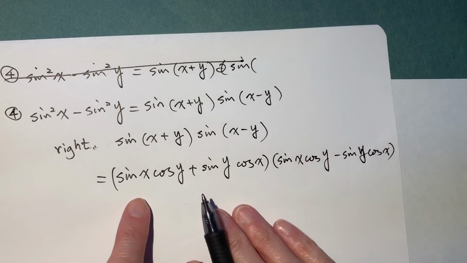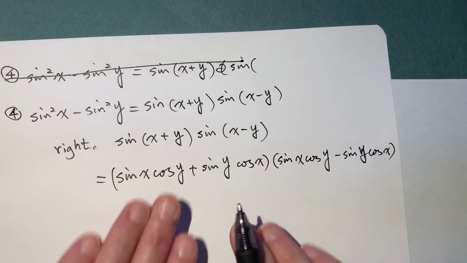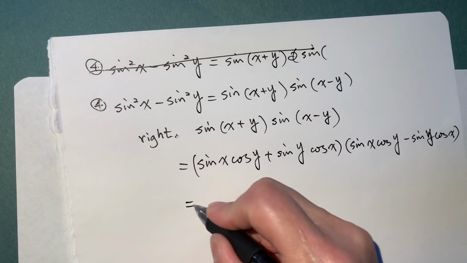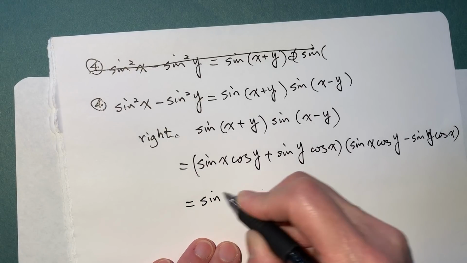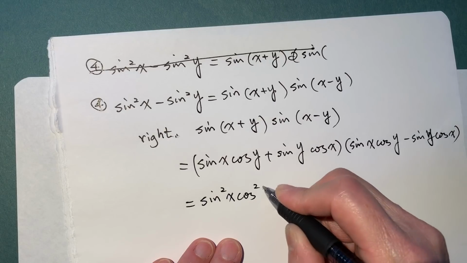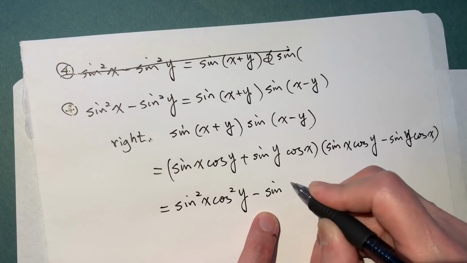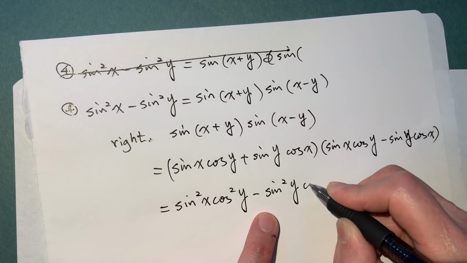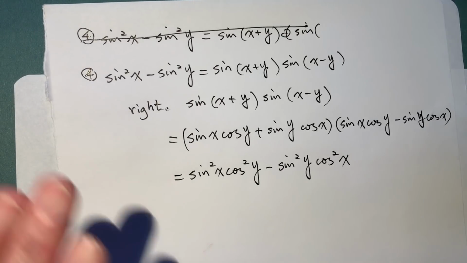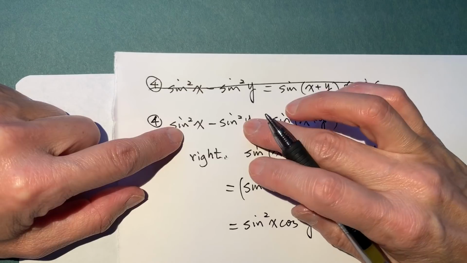Ooh, that looks something similar. So this one is a plus 1, a minus 1. So it becomes sine square x cosine square y minus sine square y cosine square x. Up to now, what we are seeing, on the left side, there is only sine.